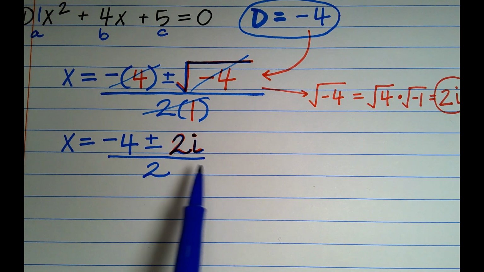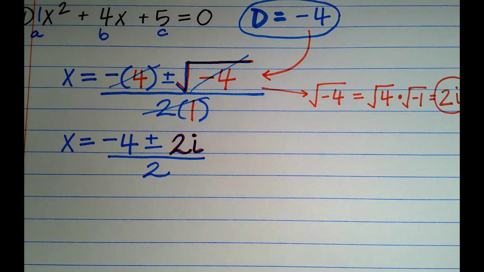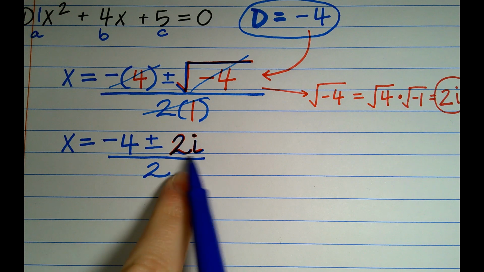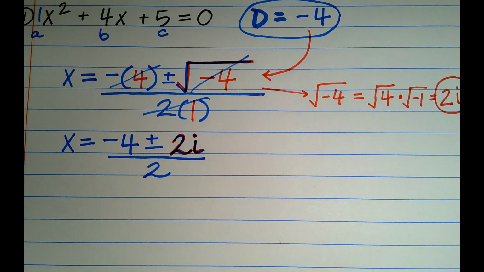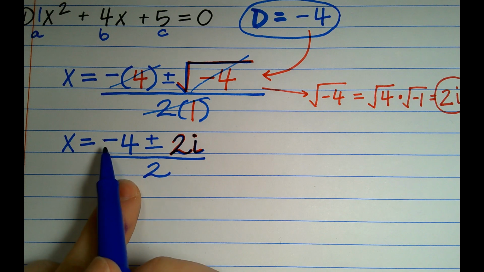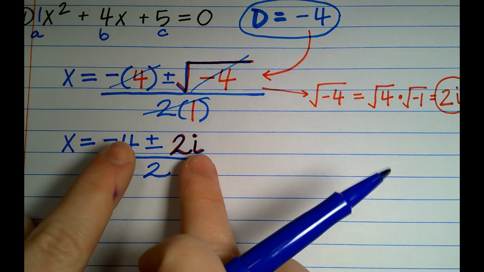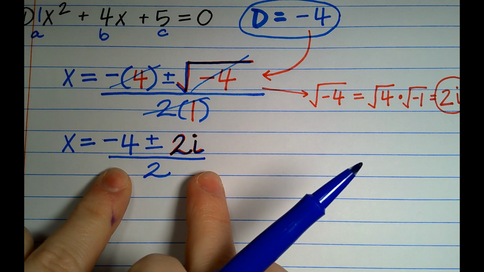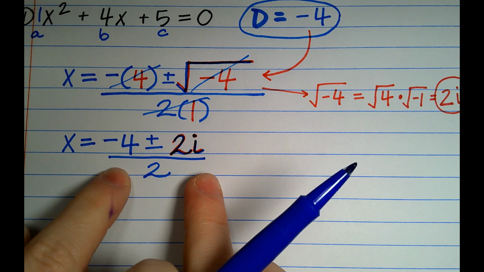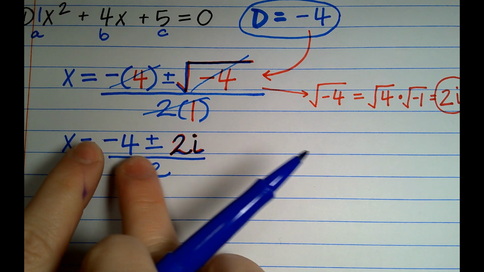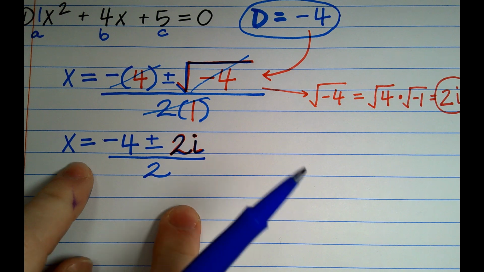Now, imaginary numbers are tricky to add and subtract with because we treat this i like it's a variable. It basically is a variable. It's like if I had negative 4 plus or minus 2x. Are these going to be like terms? No. So we are not going to be able to add and subtract them.